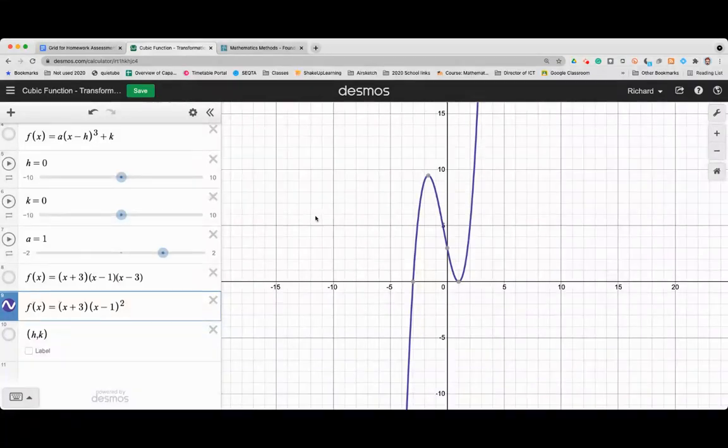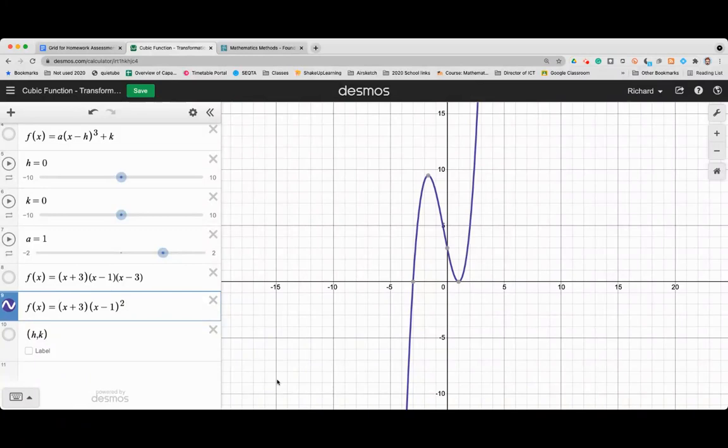And the other good thing about cubics, and it's different in quadratics, but they have their own pattern, is that if it starts here, it's always going to end over here. Whether it's, I'll just do it here just for the video. If it starts here, it's always going to end here because of the way the cubics work. Okay? So whatever happens, we're going to end up here if we're starting here.